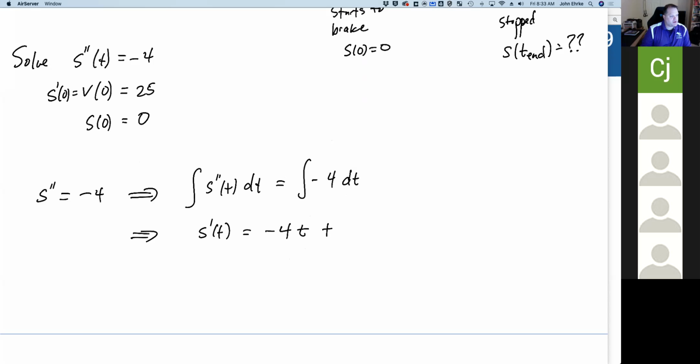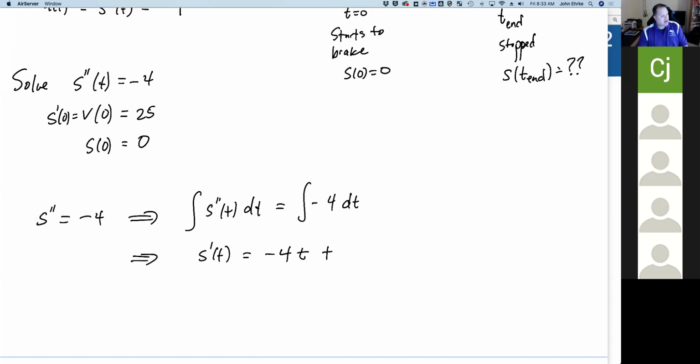But here I'm going to be a little more deliberate. Since S prime is velocity, I know this constant is the initial velocity V naught. And the initial velocity V naught is 25. That's my constant of integration there. So I know that S prime of t is -4t plus 25.